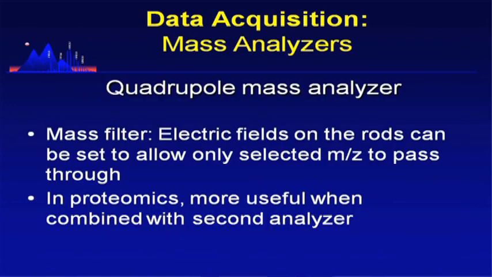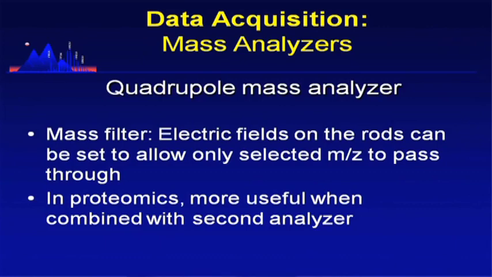All right. The next type of mass analyzer that I'm going to talk about is called a quadrupole mass analyzer. This was probably one of the earlier mass analyzers to be developed, and it acts as a mass filter. It literally is 4 rods, that's where the quadrupole comes in, 4 poles.